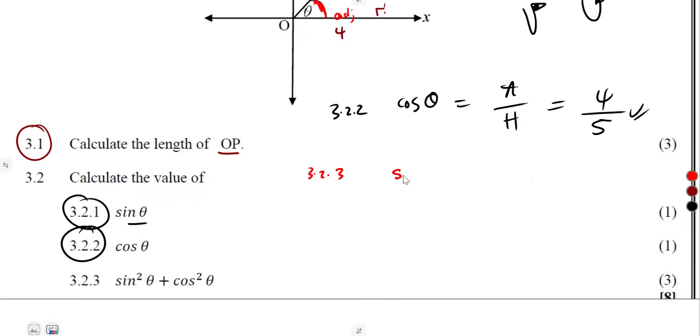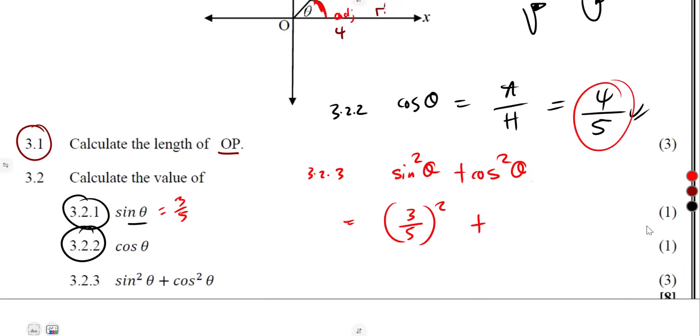3.2.3. Sine squared of theta plus cos squared of theta. Guys, this is just a continuation. Remember, we determined the sine of theta here. We said it is 3 over 5. Now they're saying square that. 3 over 5, square it. That's sine squared. Plus cos squared. Square the cos that you see, 4 over 5. So 3 squared is 9, 5 squared is 25.